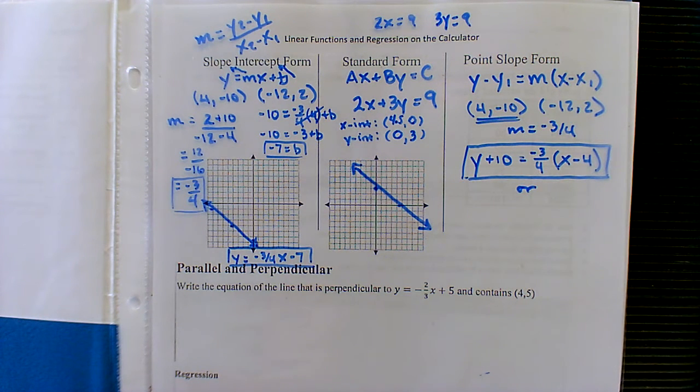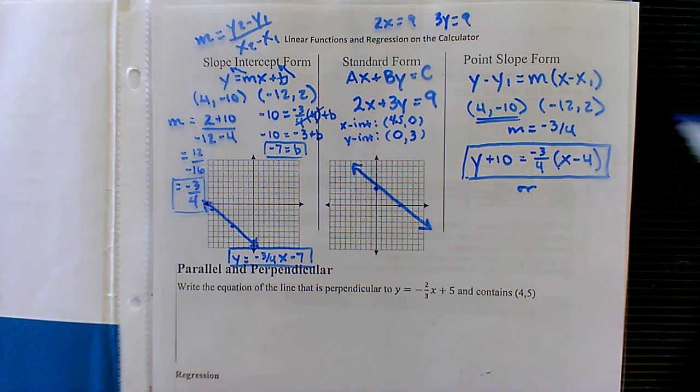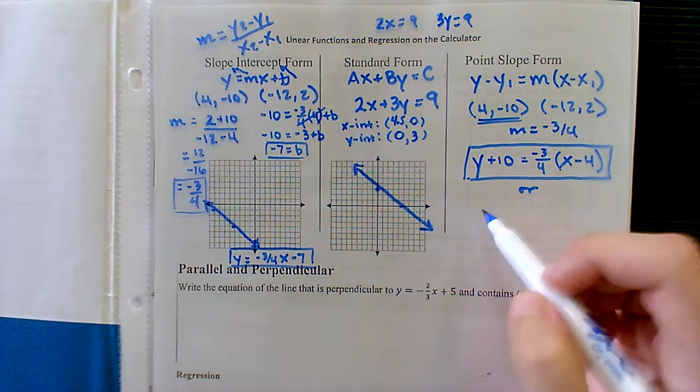But maybe your neighbor chose the different point, the second point. What would that equation look like? Using the -12 and the 2. Good, Ashlyn, go ahead.